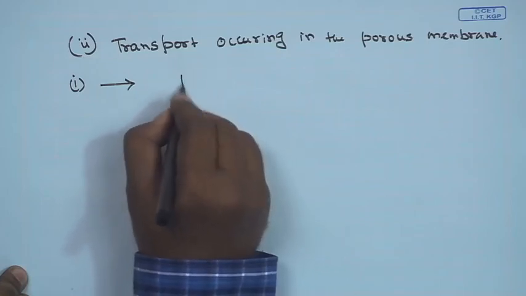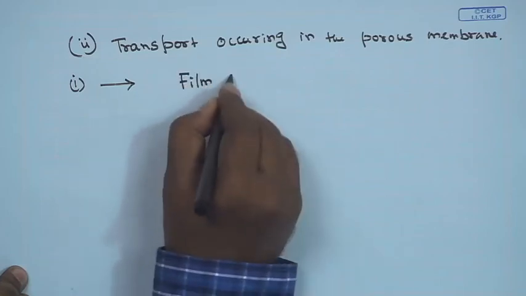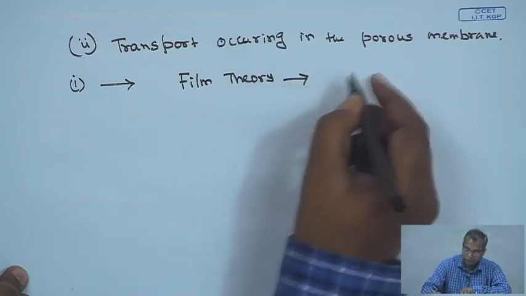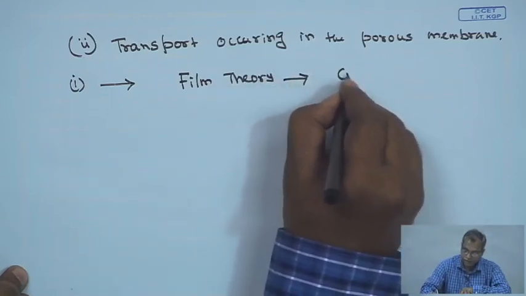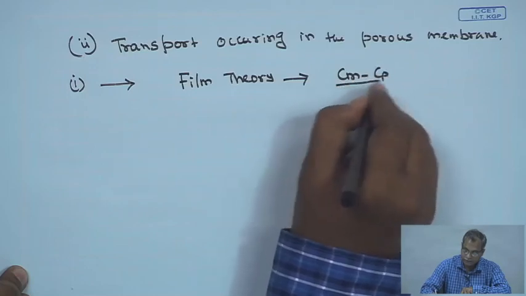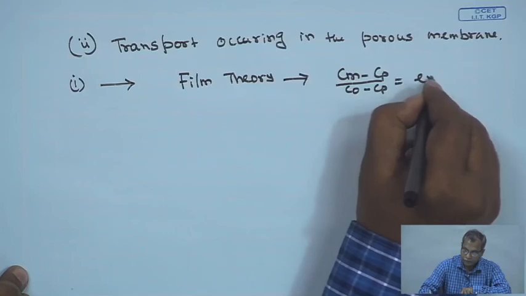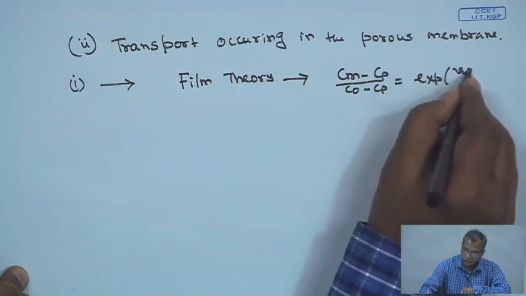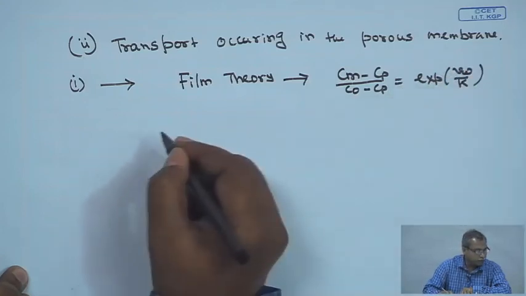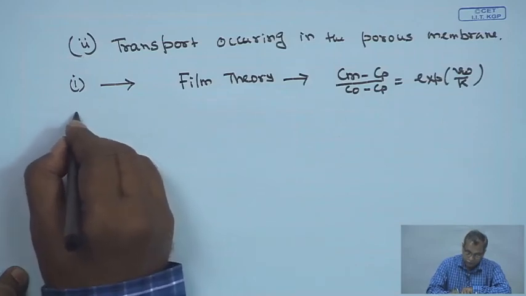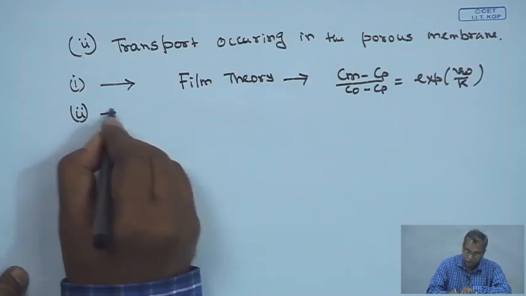That is obtained by the film theory, which was applied external to the membrane surface in the flow channel: Cm minus Cp divided by C naught minus Cp is equal to exponential Vw by k.